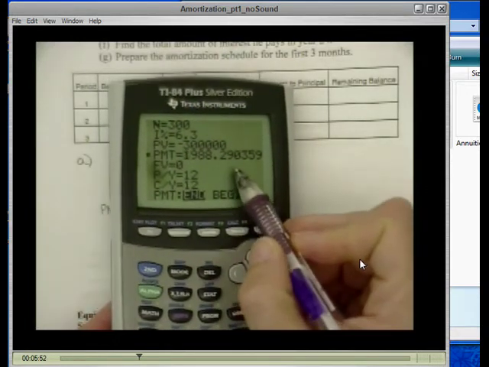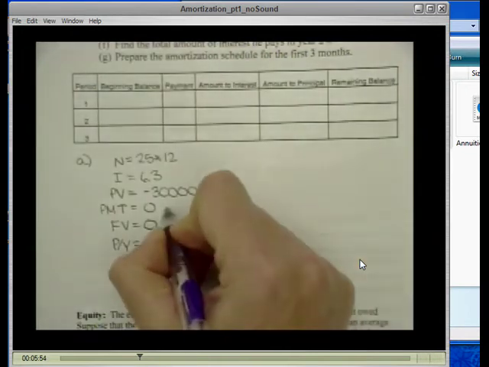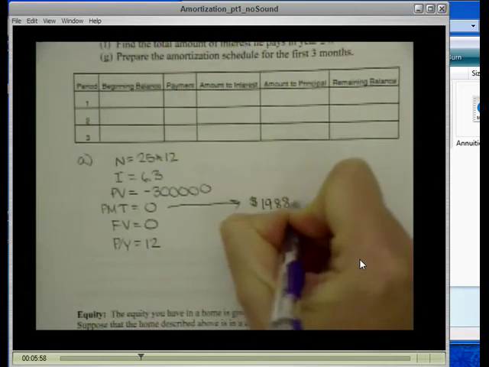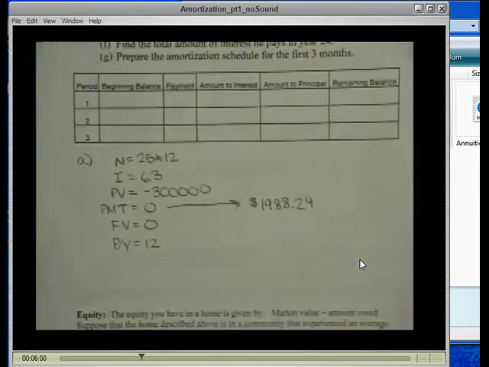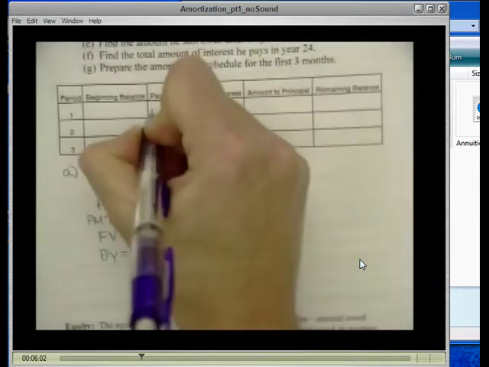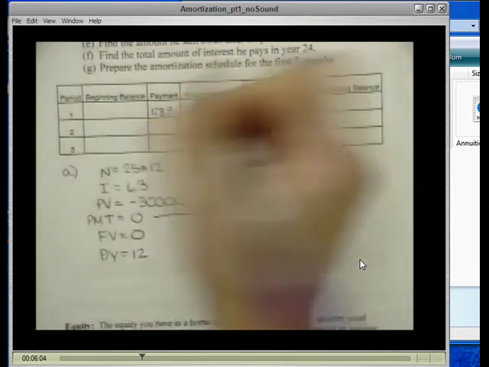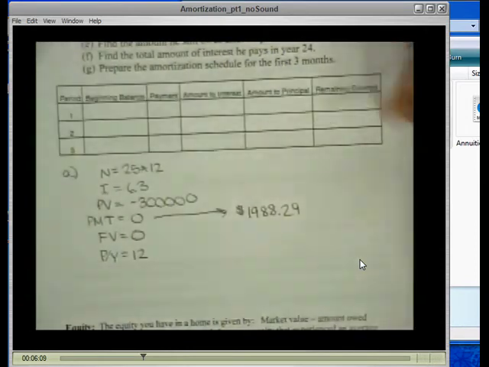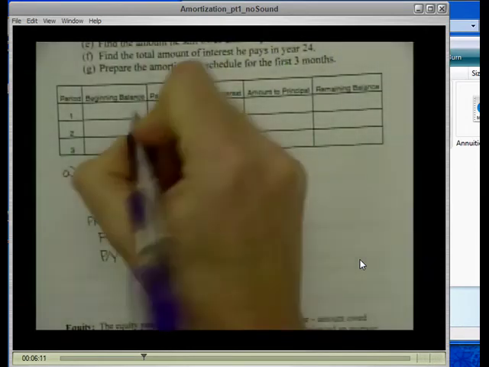So 1988.29. And that payment will stay the same every month. So that 1988.29 always stays the same in the payment column.